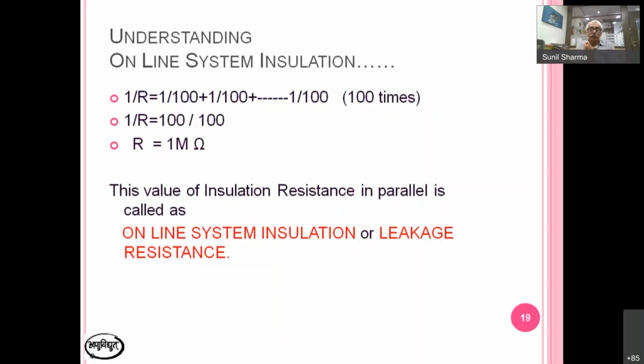So please remove your confusion. This is leakage resistance, or system insulation. This is not your cable insulation. Maybe cable insulation is more than 100 mega ohm or 1000 mega ohm.